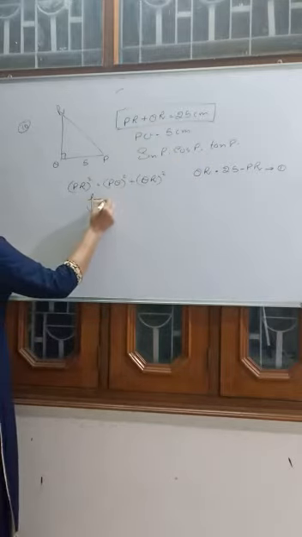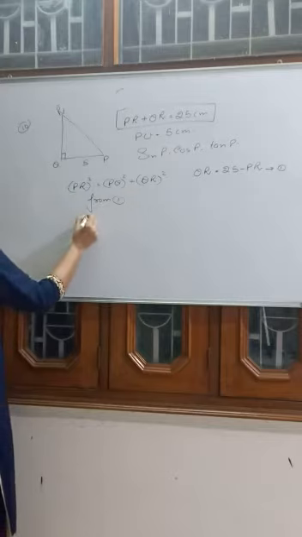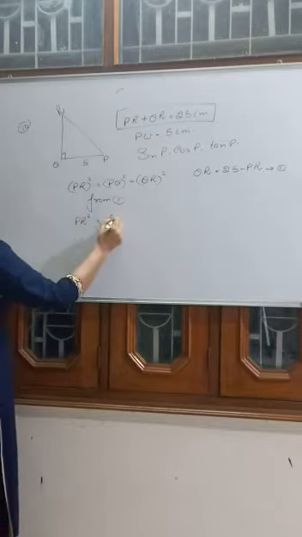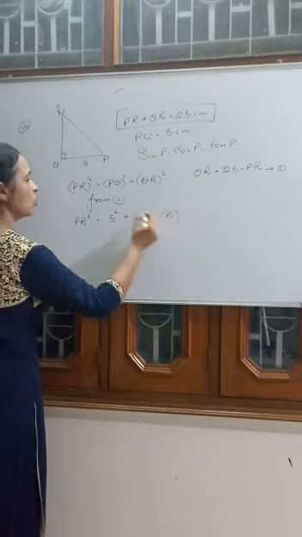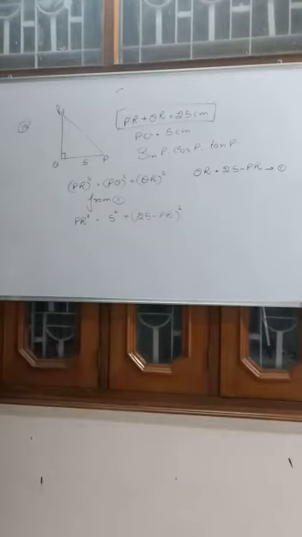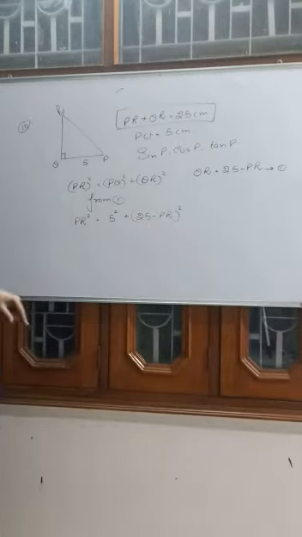We have taken the value of QR from here, 25 minus PR. PR whole square equals, what is PQ? 5 whole square plus (25 minus PR) whole square. (A minus B) whole square is A square plus B square minus 2AB.